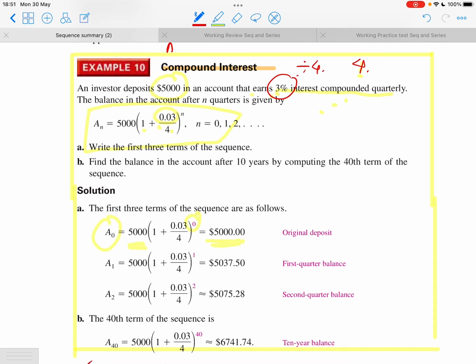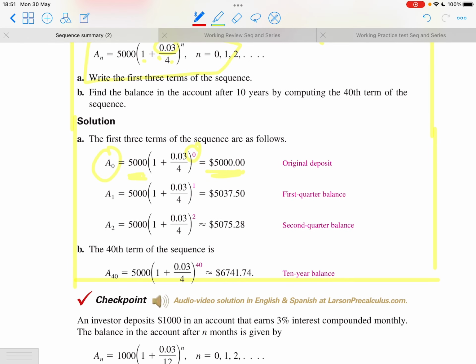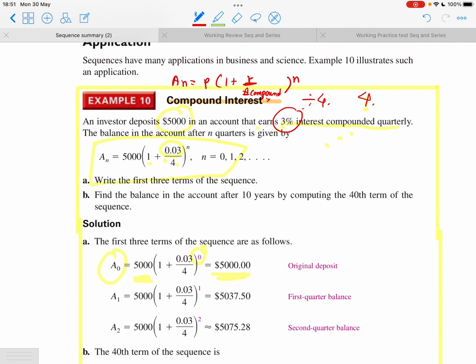The formula is a_n equals P times (1 plus i, or r, the yearly rate, over the number of times it's compounded) to the n. So if it's compounded monthly, this would be divided by 12. And n is the number of times, like the number of quarters or number of months, that it is compounded.